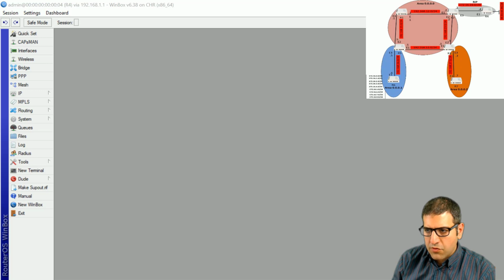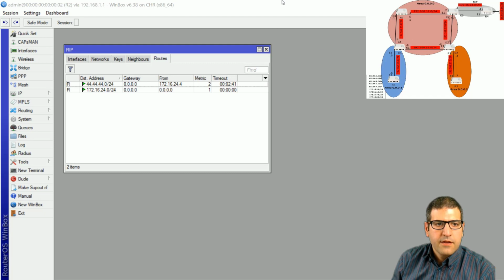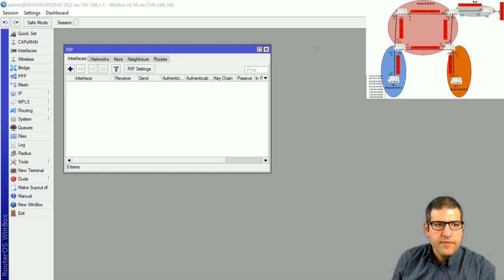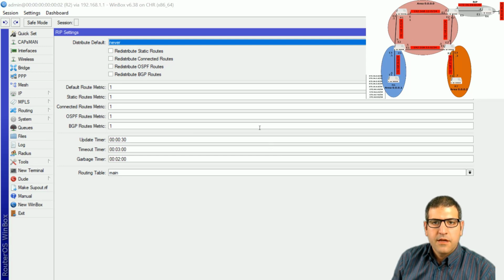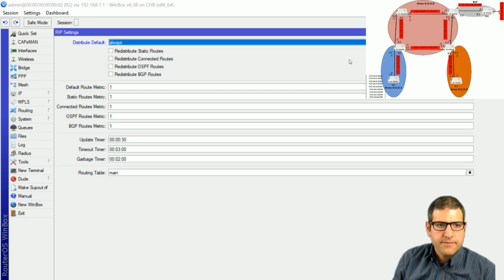To fix it, we have to go to the ASBR, and that's router 2. From the ASBR, I have to go to routing, and then RIP, and inside the RIP settings, distribute default. I would say always, or if installed. Let's put it always.